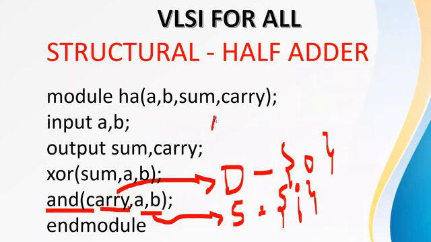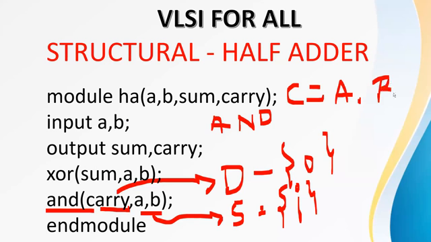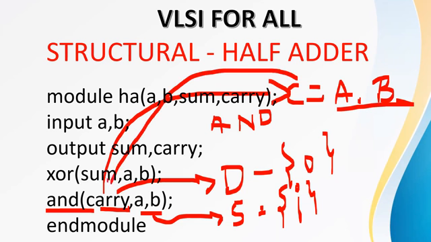For this AND gate, we have the formula for the half adder, that is carry is equal to A dot B. By using this AND gate, we are indicating this formula: perform A dot B and store the result in carry.